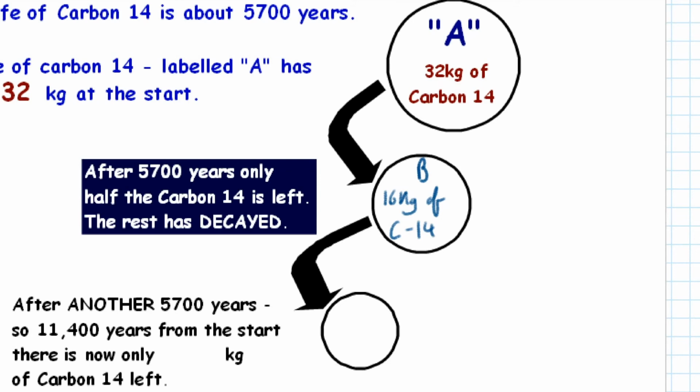Now, just pause the video and complete this one, please. Well, you should realise that after the second half-life, so this is the first half-life, this is the second half-life, then we'd have halved from 16 kilograms down to 8 kilograms. So you would just write that in the circle.